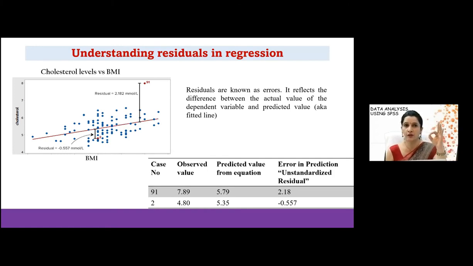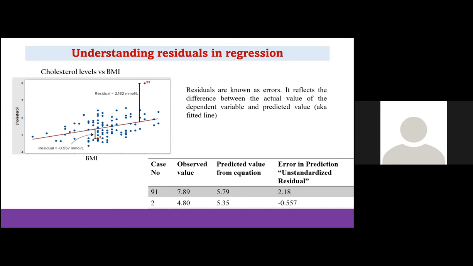So by residual, we basically do 3 things. We check the variance of the residual, we check the normality of the residual, and we do the outlier work of the residuals. So there are 3 functions of the residual. You asked about the implication of each, like why we check variance.